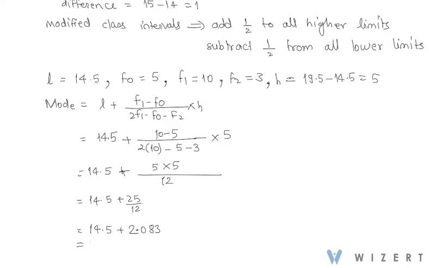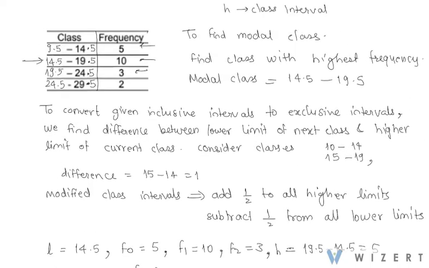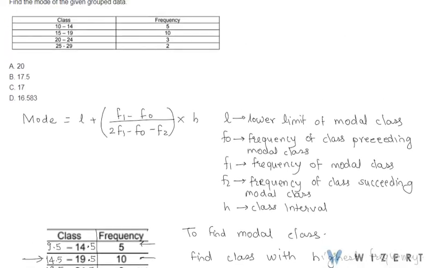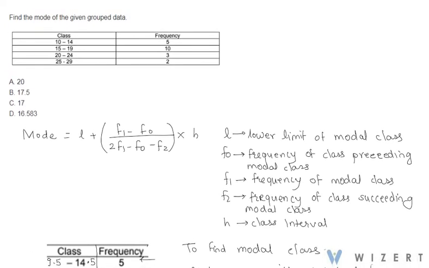So the addition gives 16.583. So we get mode value as 16.583. Let's see what are the options. Yes, answer is option D, 16.583.